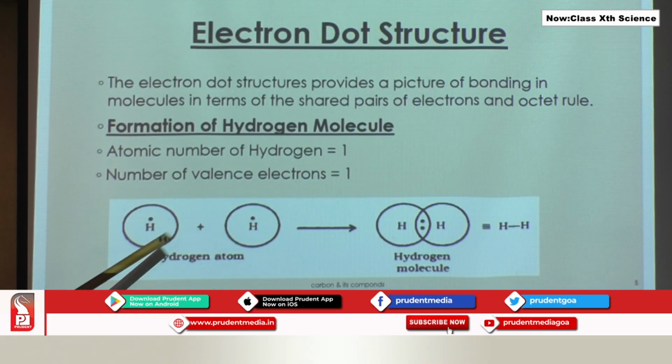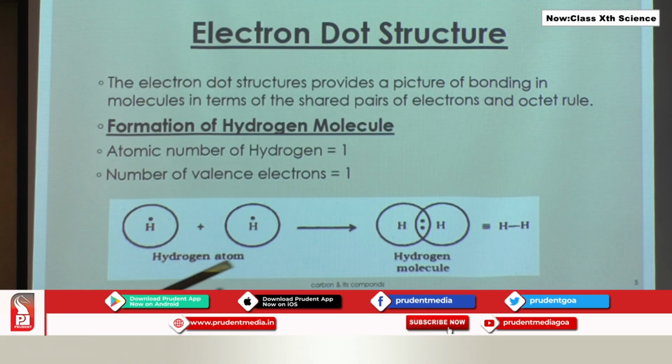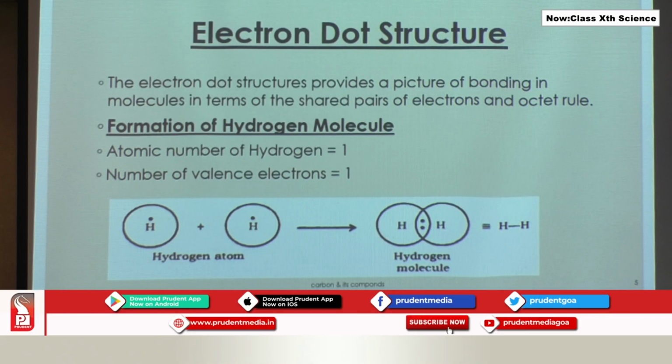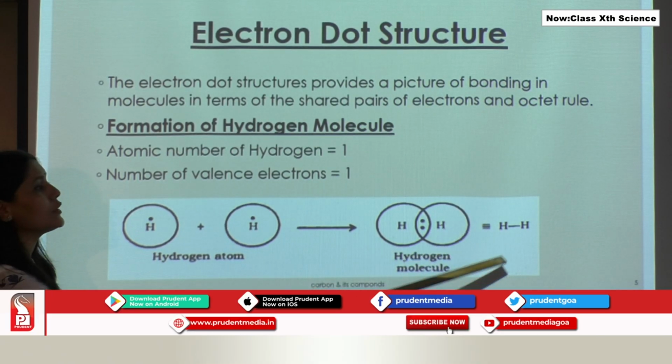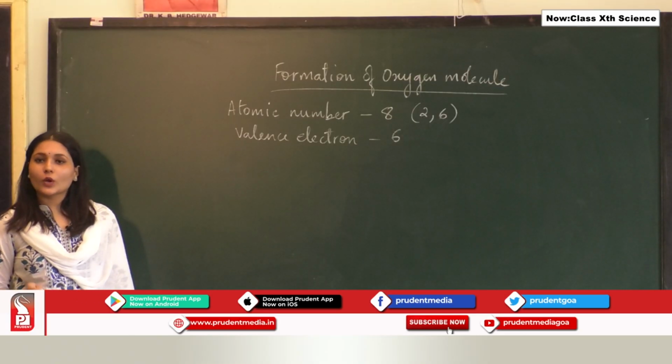There are 2 atoms of hydrogen over here. When these 2 atoms of hydrogen share their individual electron, you can see a pair of electrons is being shared. Since one pair of electrons is being shared, it results in the formation of a single bond between the 2 hydrogen atoms. Now let us see how oxygen molecule is being formed.